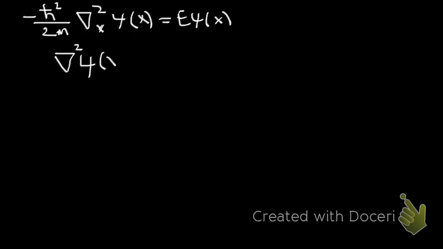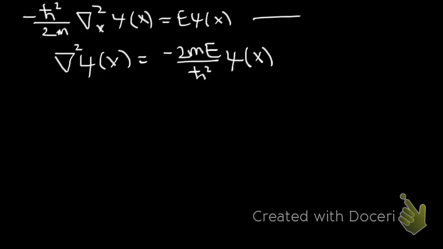So d squared psi of x by dx squared is going to be equal to negative 2mE over h bar squared psi of x. All I've done is rearrange this equation and write it down. Now we can make a substitution to solve this differential equation.